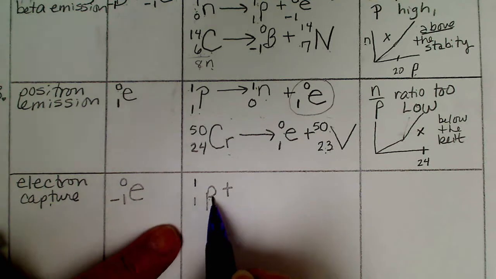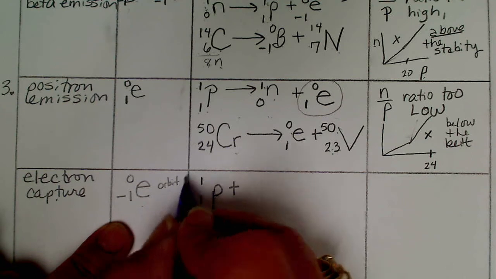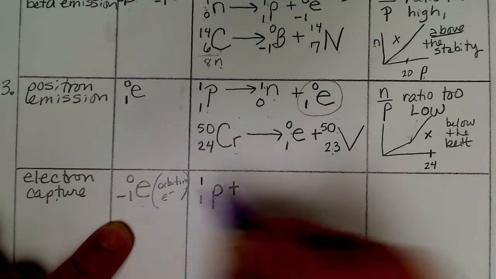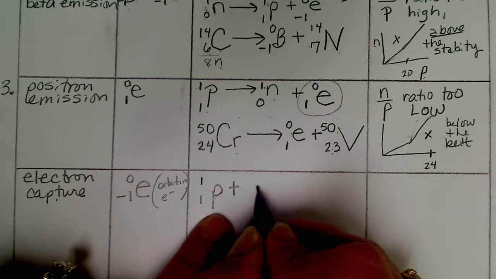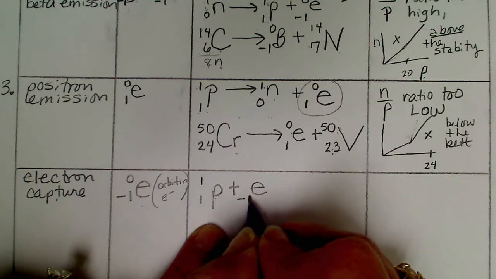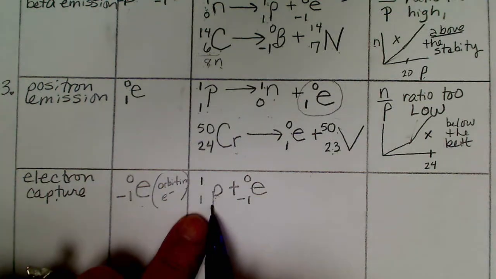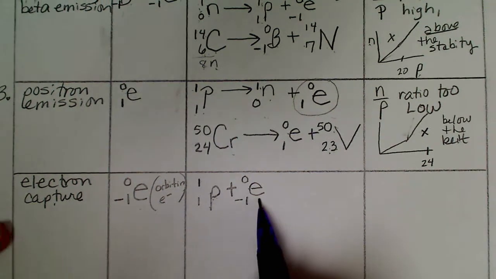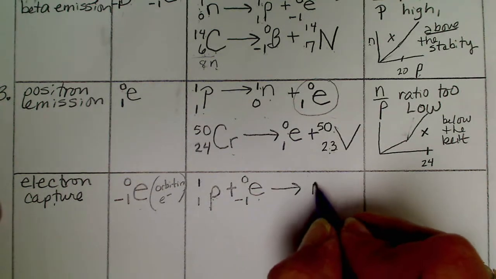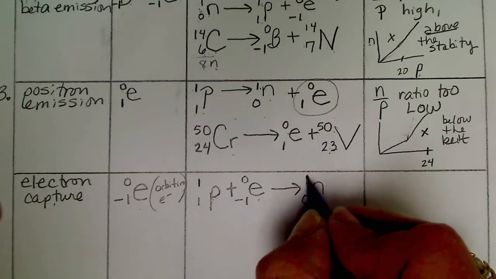So the nucleus actually grabs an orbiting electron. So maybe I'll write that there. So the electron would be written on the reactant side because it is part of that reaction. So this is where a proton and an electron combine to make the neutron. So charge of 0, mass of 1.